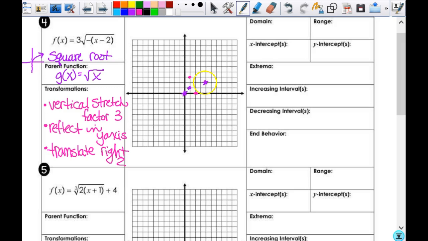Then the point at 4, 2: vertical stretch by a factor of 3, which means now I'm at 6. Then from there, I reflect in the axis and end up over here. Right 2. Right there.